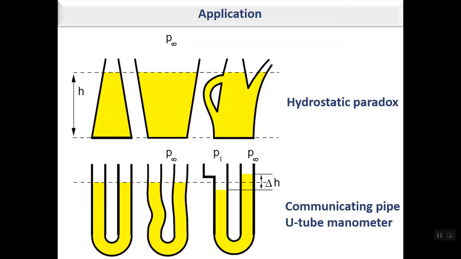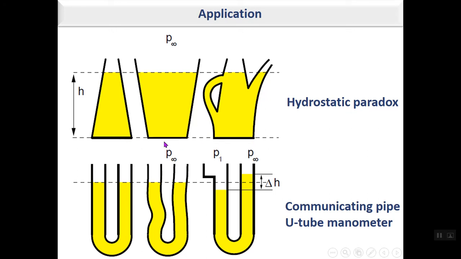Another interesting application is the hydrostatic paradox, as they say. For example, this is a question you may have encountered before. You have 3 tanks like this one, the middle one, and the right one. The question is generally, which one has the biggest pressure at the bottom surface? Do you know the answer?